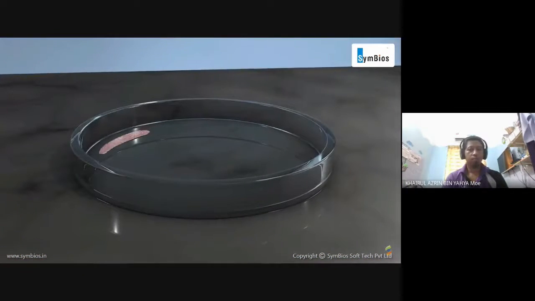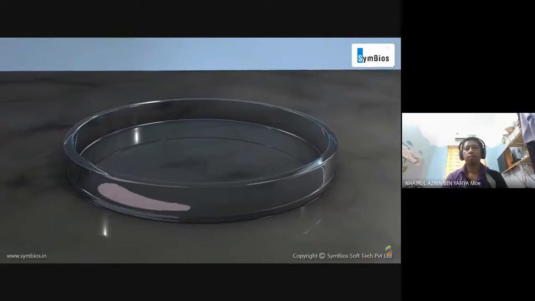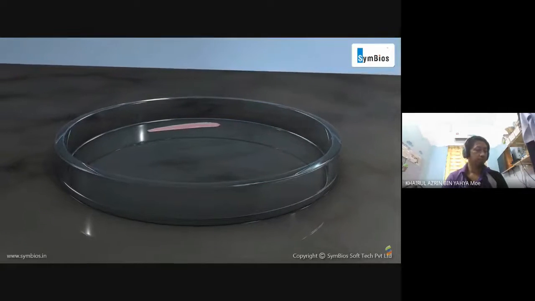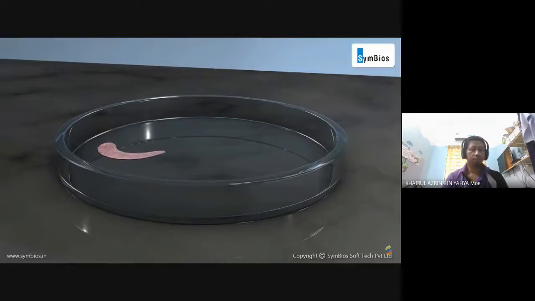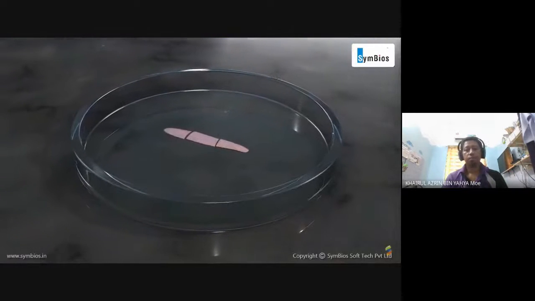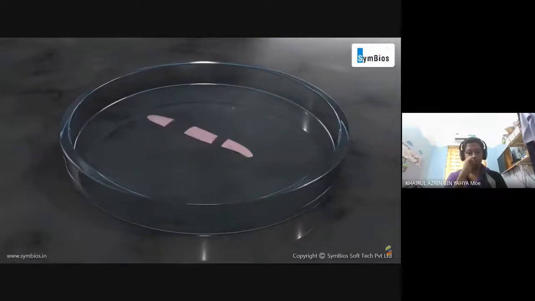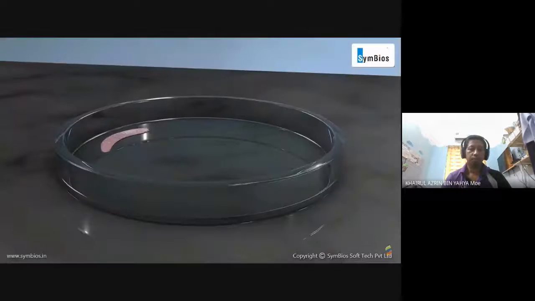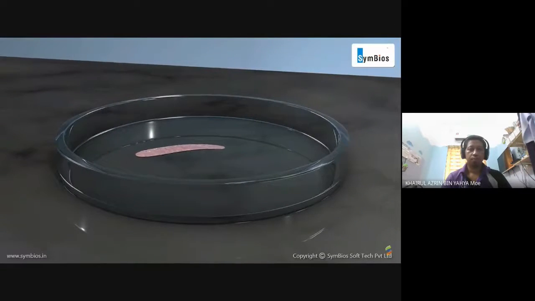In the regeneration mode of reproduction, an entire new organism can grow from some pieces or cells of the parent organism. A flatworm can be cut into many pieces, and each piece will grow into a complete new flatworm.